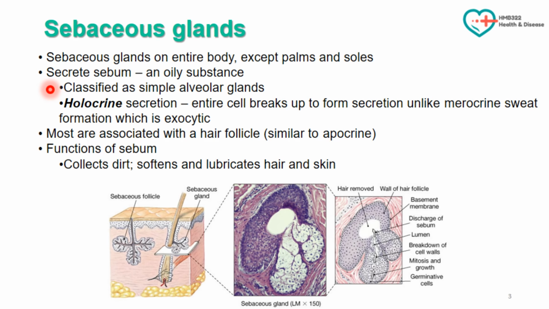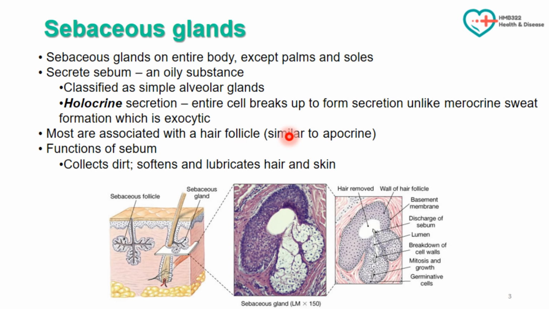And the type of secretion that you get is known as holocrine secretion. So the glands consist of these different cells. Within the gland, these cells start to break up, and as these cells start to digest, parts of their cell membranes are digested as well, and they will then be part of that secretion that is pushed up from these alveolar glands.